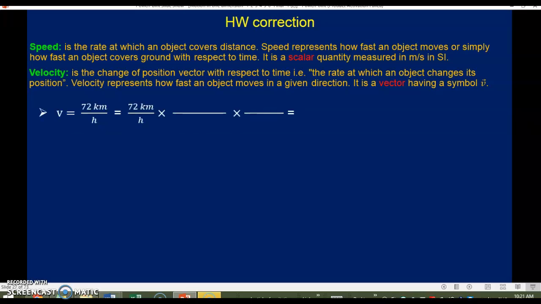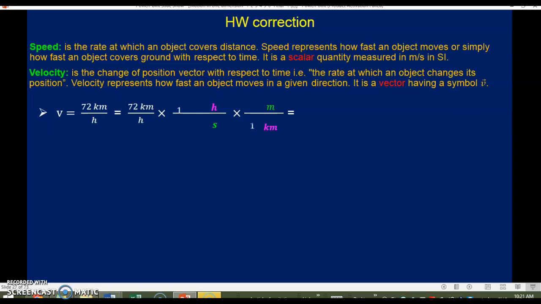So now converting from 72 km per hour to meter per second, same procedure. We have to count how many conversions. We have two conversions, kilometer to meter and hours to seconds. That's why we draw two fractional bars. And then we switch the places of the original units. We have now hours in the numerator and kilometer in the denominator, and fill in the other new units.